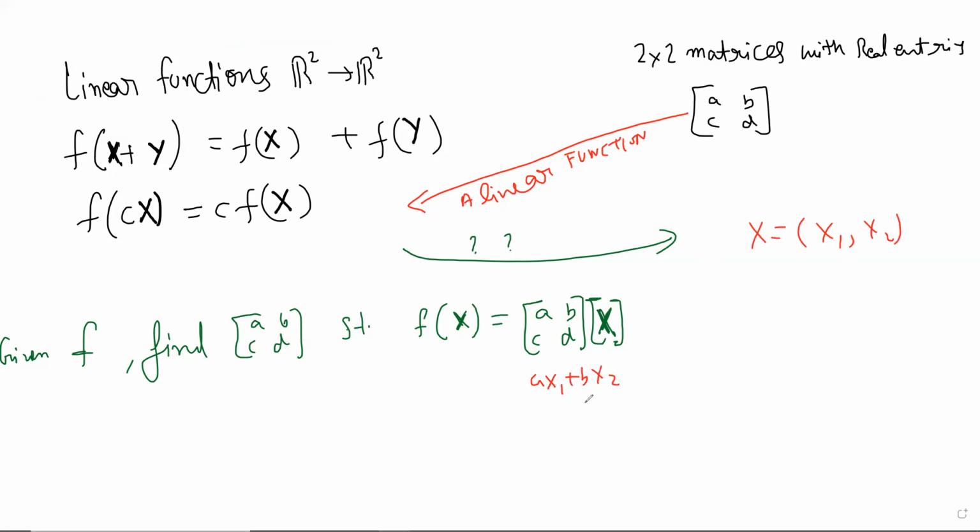But then what's the guarantee that you can find an ABCD which works for all x? That is the thing, right? That's not immediately clear.